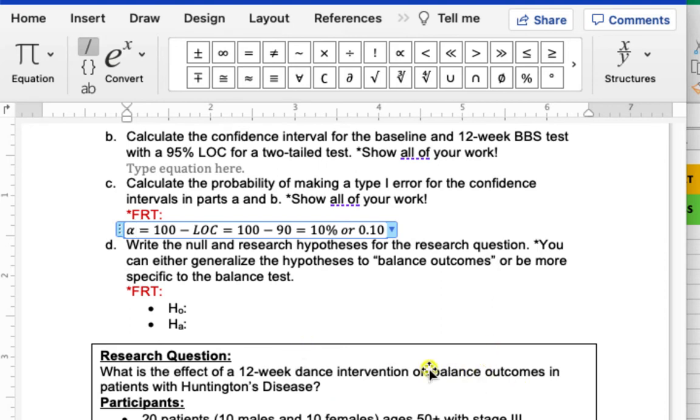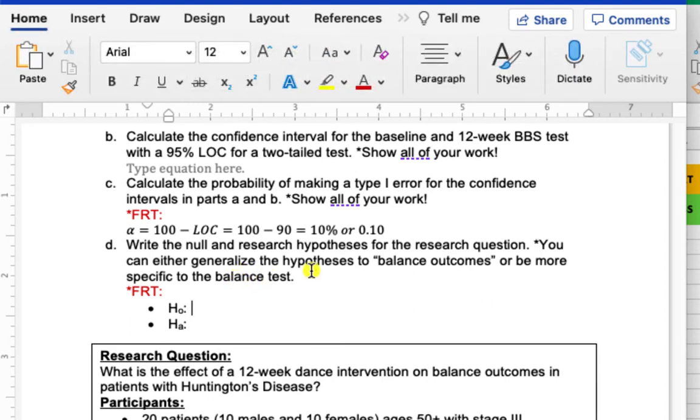And then we noted that our balance outcomes, being the functional reach test and the Berg balance scale, were our dependent variables. So I've added a note that you can either generalize your hypotheses to just using the dependent variable as balance outcomes, or you can be more specific to the balance test.